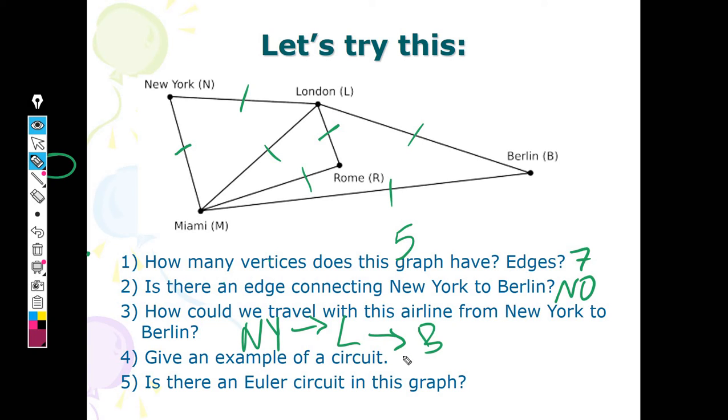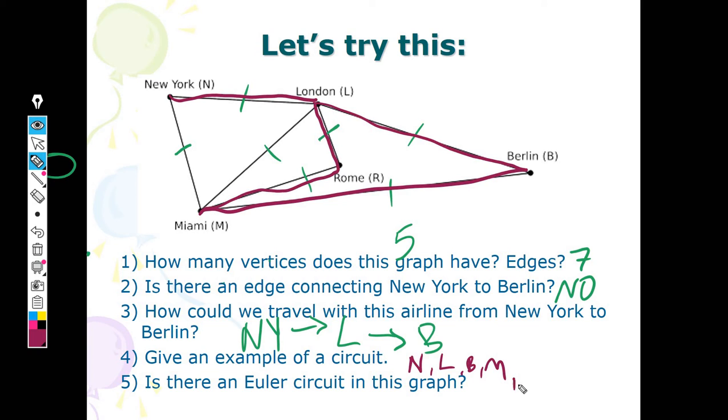So for number 4, you can start at New York, then go to London, Berlin, Miami, maybe Rome, London, Miami, then back to New York. That is a circuit where you started and ended at the same spot and went through all of the lines.